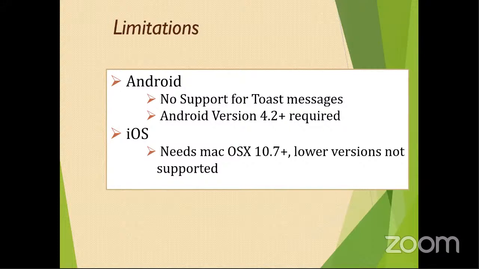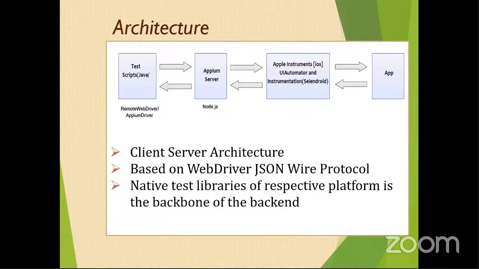There are a lot of features while we are looking into the installation part. Before installing Appium, we need to check. Okay. This is just like an architecture, how the connectivity is working. Test script, so Java. We are writing our script in Eclipse, right?